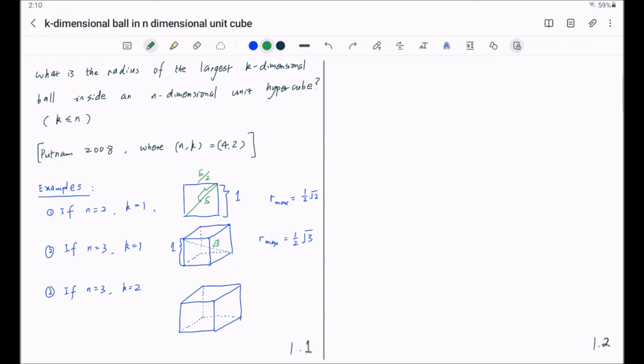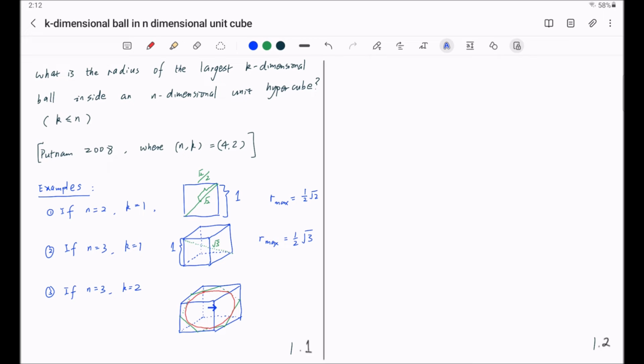And it turns out, in this case, the largest two-dimensional disk inside this three-dimensional unit hypercube is this red disk inscribed inside this hexagon in green.